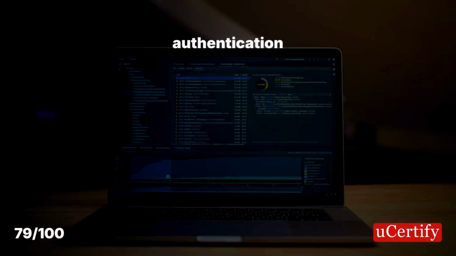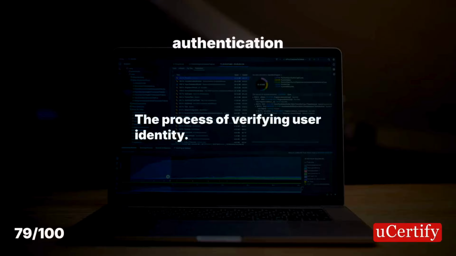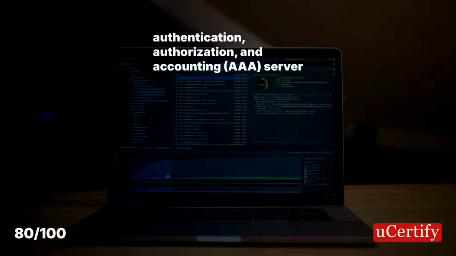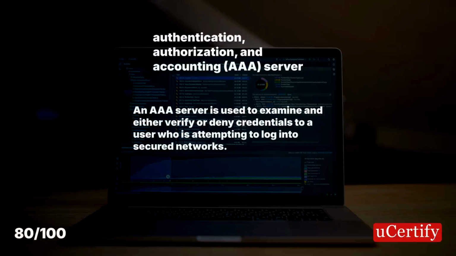Term: authentication. Definition: the process of verifying user identity. Term: authentication, authorization, and accounting, AAA server. Definition: an AAA server is used to examine and either verify or deny credentials to a user who is attempting to log in to secured networks.